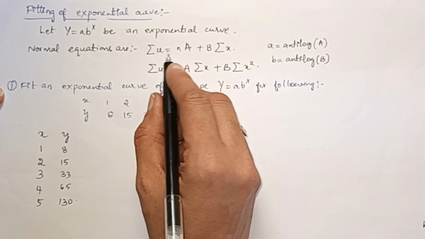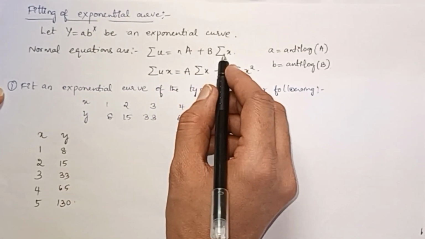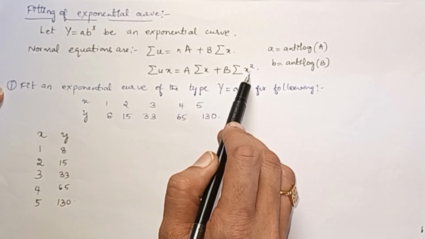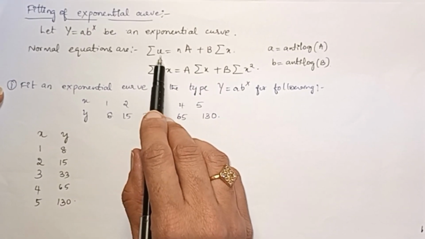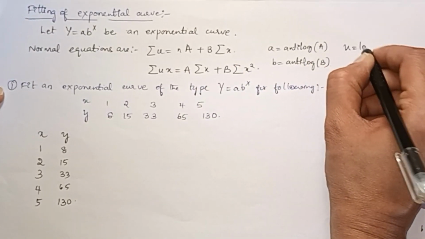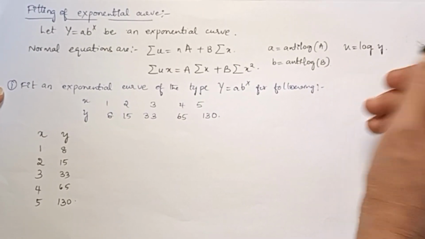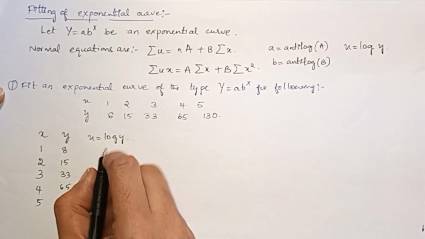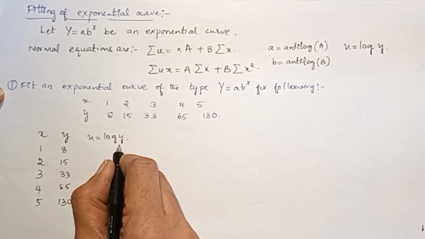Then as per the normal equations, we need some sigma x. Then we need sigma x square, means we need the column x square. Then I want u. Okay, u is nothing but as before, u equal to log of y. So find out log y to the base 10 again.